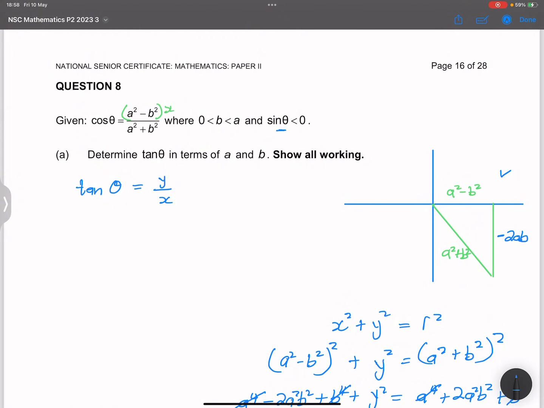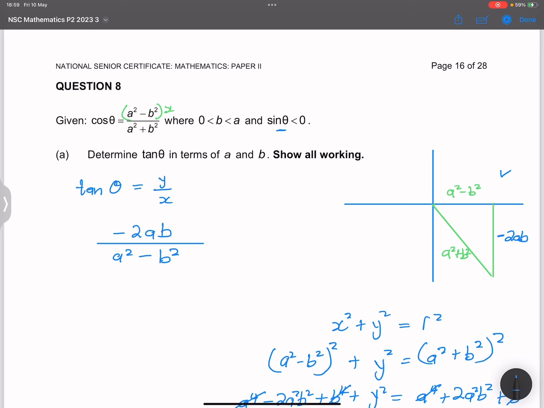Minus 2ab, that's y, divided by our x value, which is a squared minus b squared. All right, and that is really how the cookie crumbles.